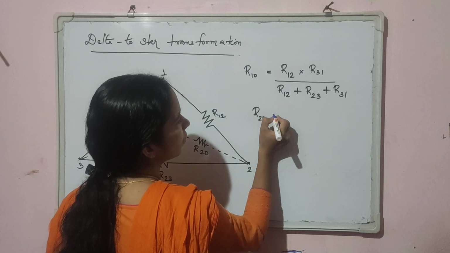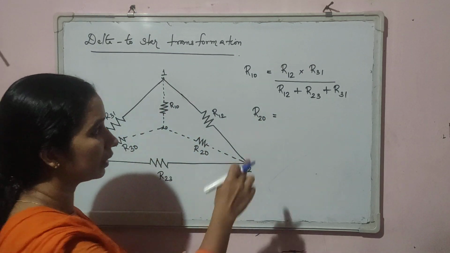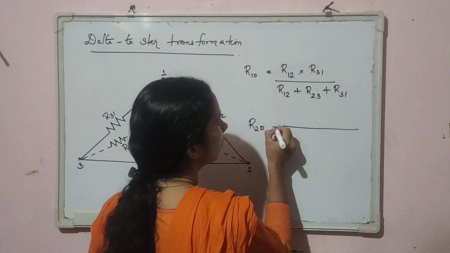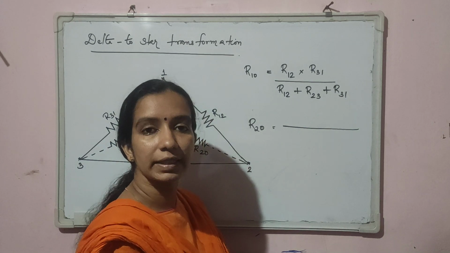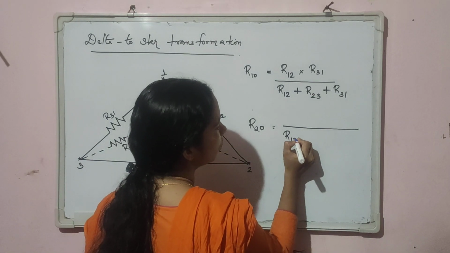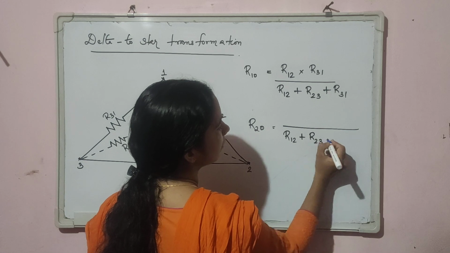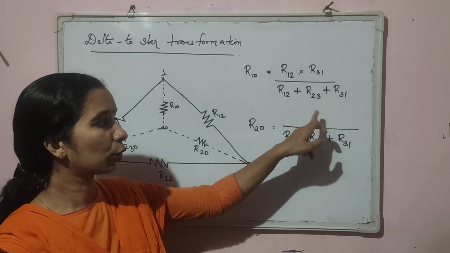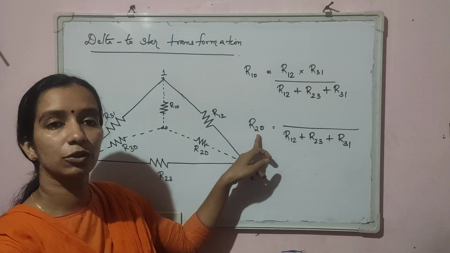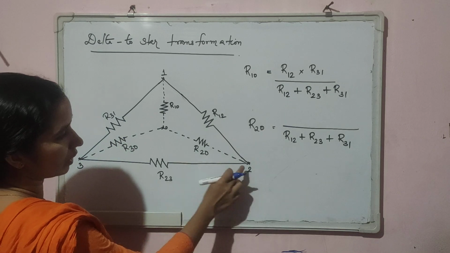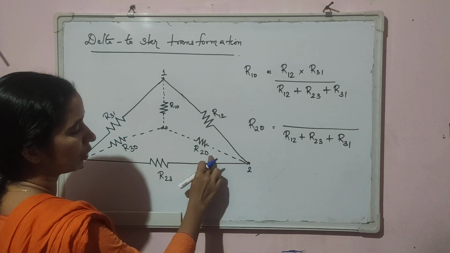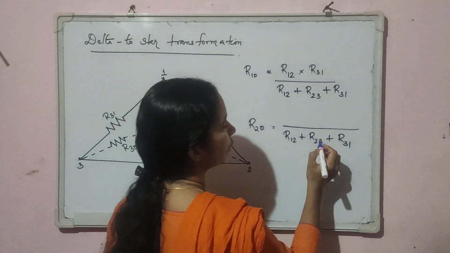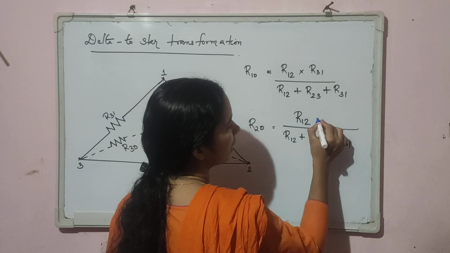And R20, so while calculating R20, the denominator will be the same, that is the sum of all the 3 resistors in the delta connection, that is R12 plus R23 plus R31, and the numerator will be the product of those resistors which are connected to terminal 2. So this is terminal 2, so R20 will be equal to R12 into R23 divided by R12 plus R23 plus R31.